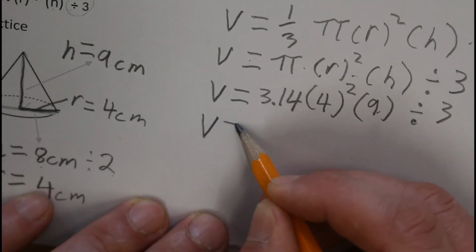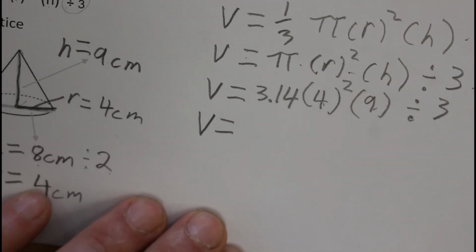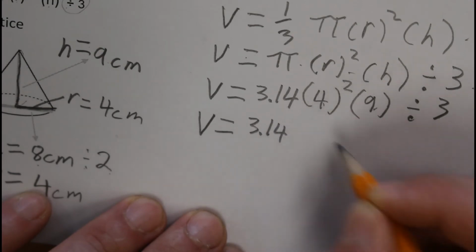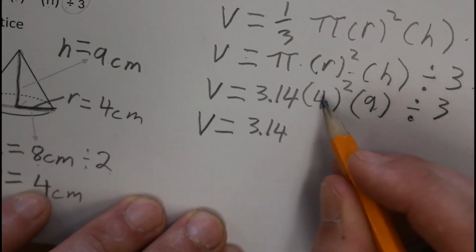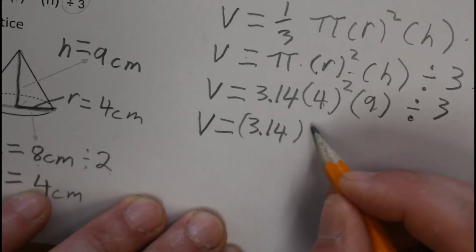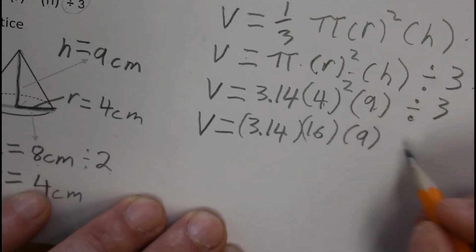We'll just work left to right. I'm going to start by squaring this first. 4 times 4, not 4 times 2, 4 times 4. So 3.14 times 16 times 9 divided by 3.